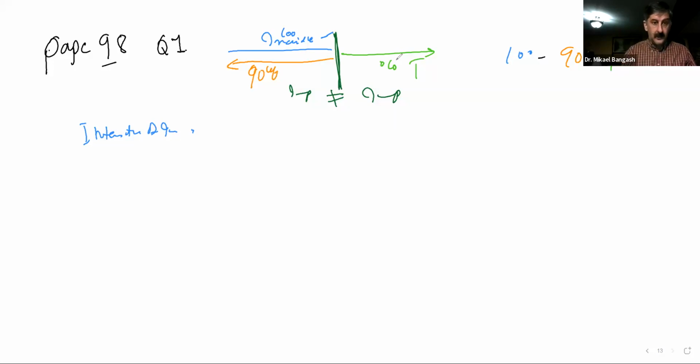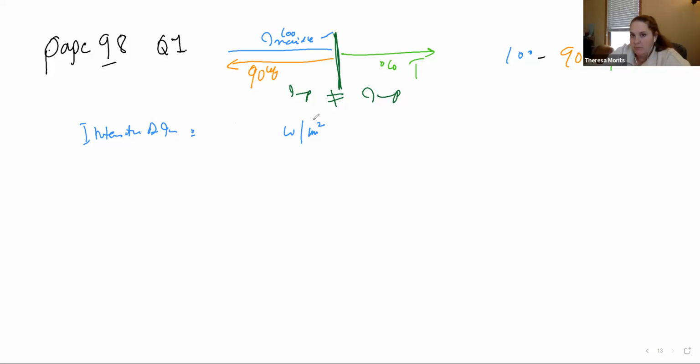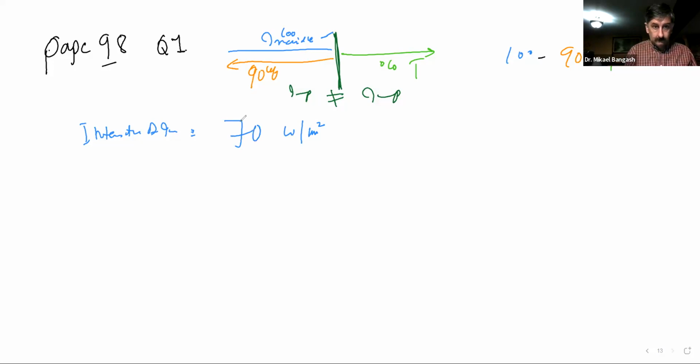So we can take any number. Anybody want to throw a number for the intensity of your incidence? 70. And you're talking watts per centimeter squared, right? Yes. It could be milliwatts, it could be kilowatts.